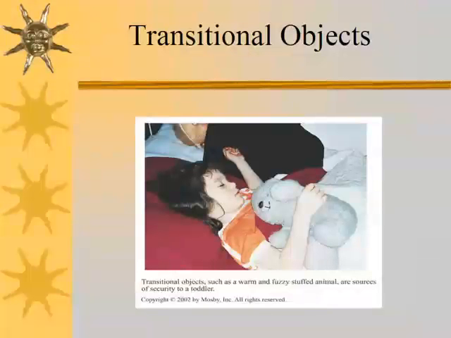I put this slide in here, transition objects. With toddlers, these transition objects can really work well when they are hospitalized or if they're undergoing some type of surgery, be it inpatient or outpatient. We want to encourage parents, if there is a favorite stuffed animal or blanket, to bring that to the hospital.